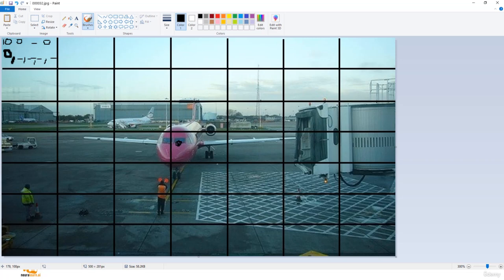It means this grid cell is not responsible, this is not responsible for this aeroplane, whereas this other grid cell right here is responsible for this aeroplane. This grid cell here is responsible for this person. This grid cell is responsible for this person, and that's it. For this car, if we have the center around here, then this is the grid cell that's responsible for it.